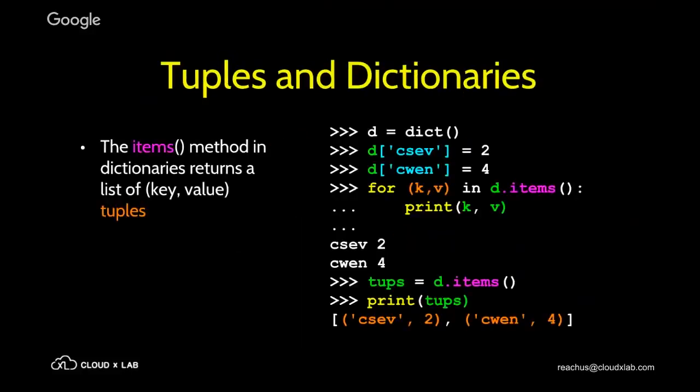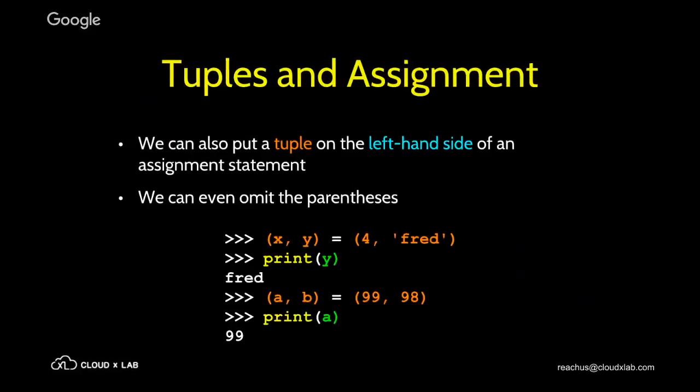So that brings us back to the same question that we started with. How do you return multiple values? You can return multiple values using tuples more efficiently.